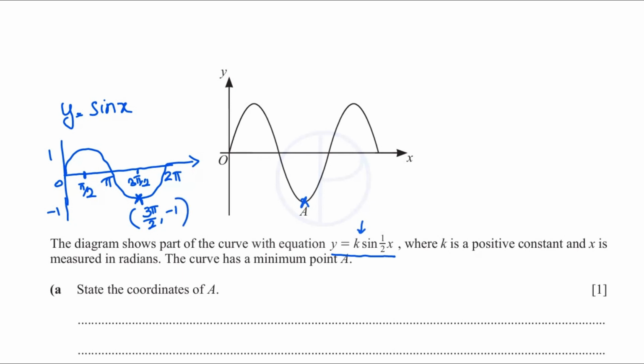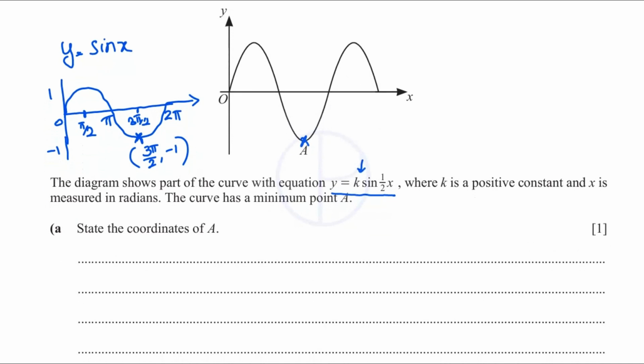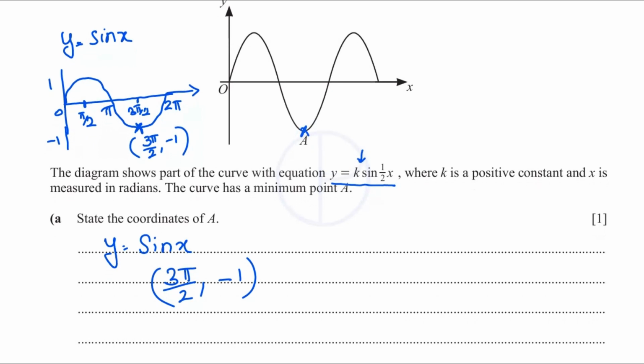Okay, for y is equal to sine x curve, the coordinate of the stationary point is 3 pi divided by 2 comma negative 1. Okay, let's apply the sequence of transformation to get the coordinates of A.